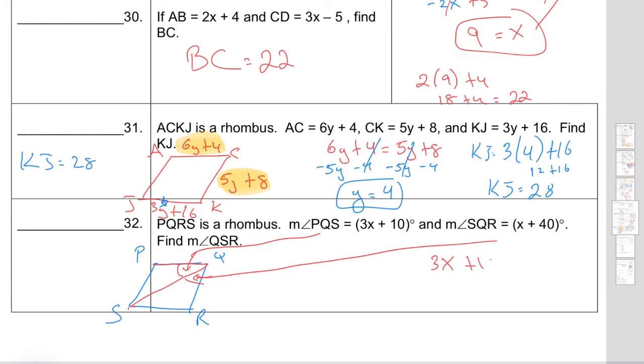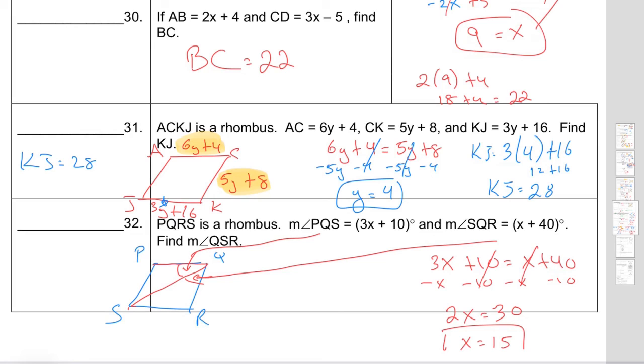So 3x plus 10 equals x plus 40, solve for x. Subtract x from both sides, subtract 10 from both sides. X is canceled, 10's cancel. On the left side, 3 minus 1 is 2x. On the right side, 40 minus 10 is 30, and I get x to be 15.